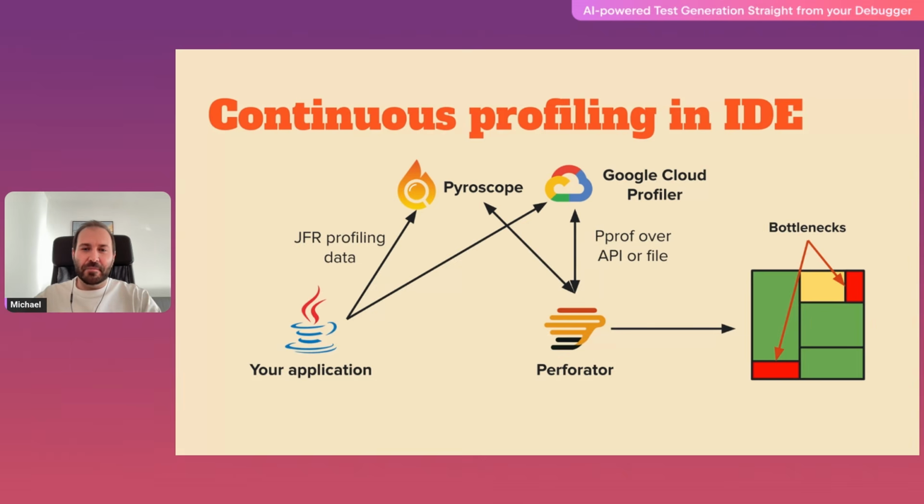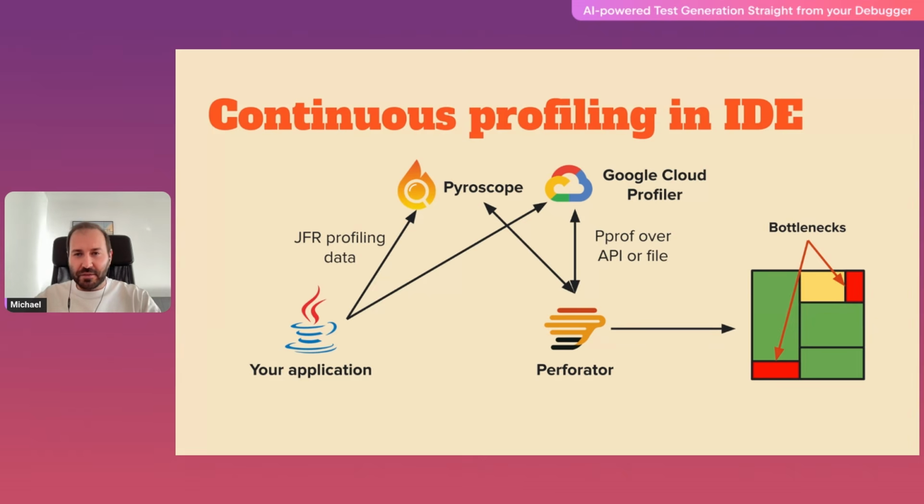With the Perforator, I retrieve this data over API in pprof, and then I render it in the IDE itself, in IntelliJ IDEA. And I show labels in red or silver, showing the places where it takes most of the time, and the places where it's okay.